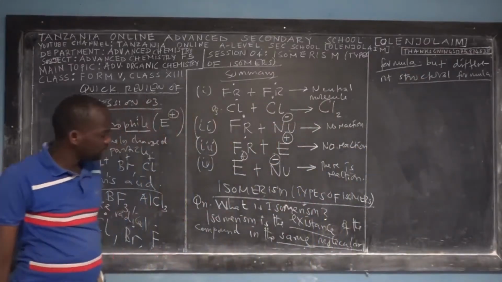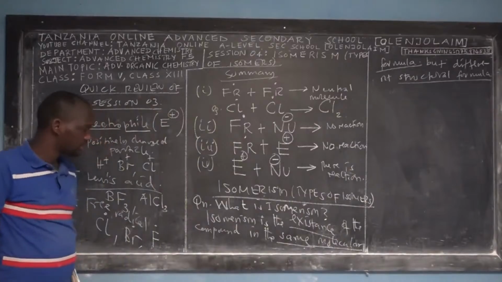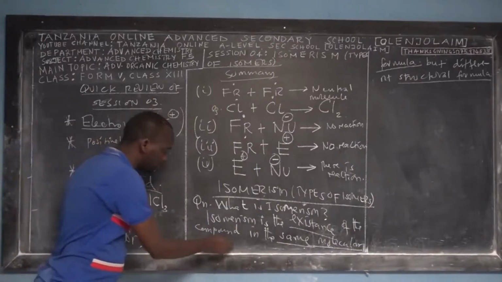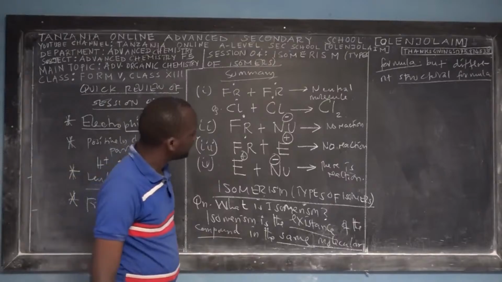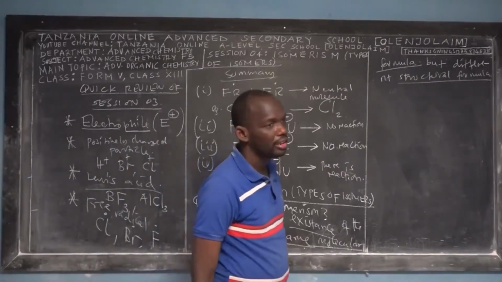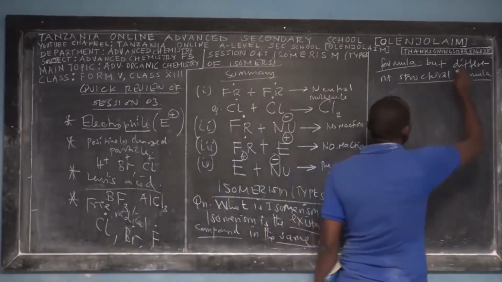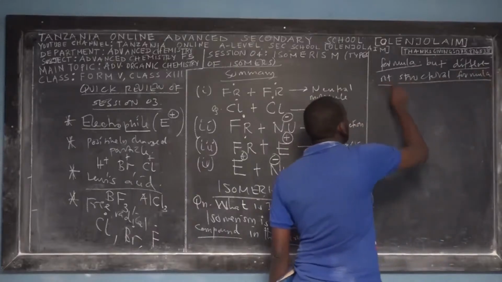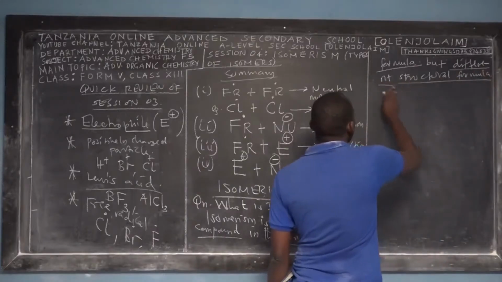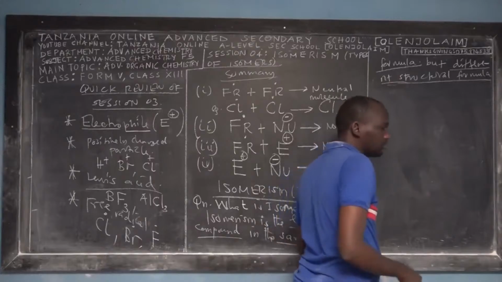So isomerism means the existence of organic compounds with the same molecular formula but different structural formula.